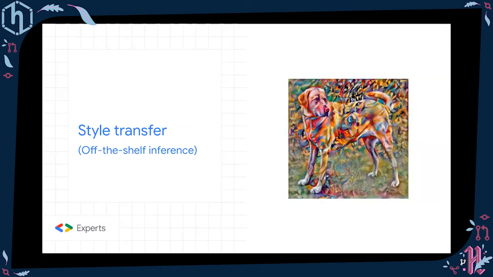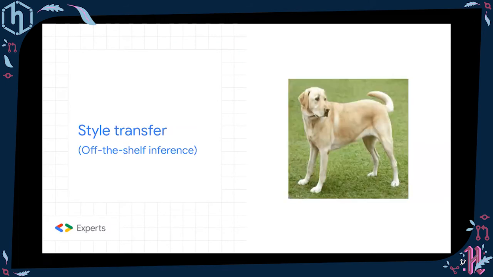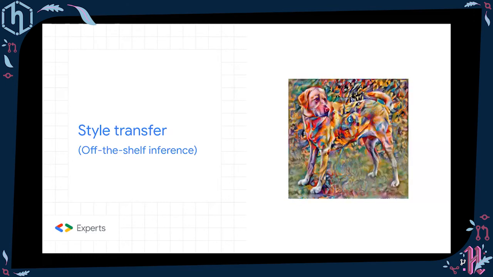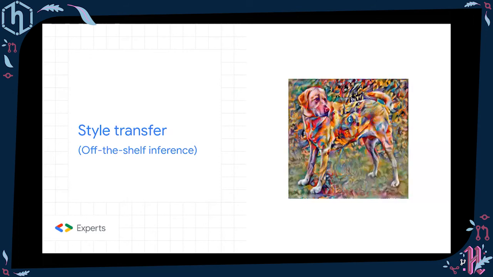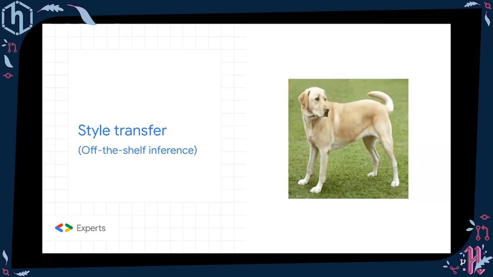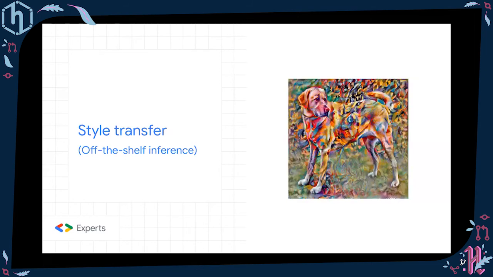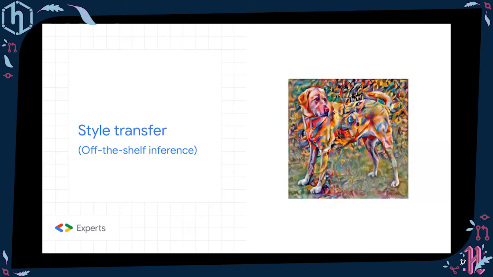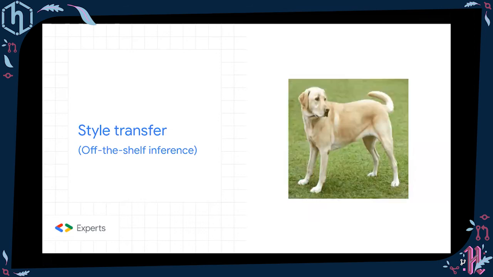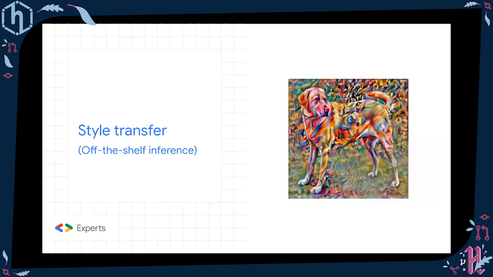So now, slightly more interesting is probably style transfer, because image classification can sometimes get boring. Style transfer is a cooler application of deep learning, I would say. So TensorFlow Hub provides pre-trained style transfer models that allow you to take a natural scene image and also a style image to which you would like to see your image transferred.